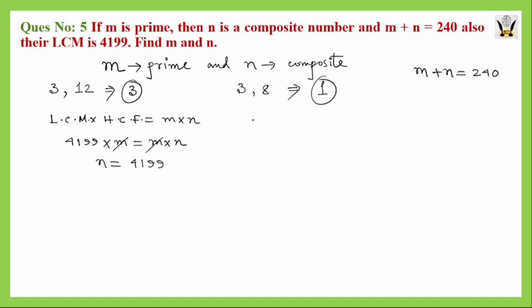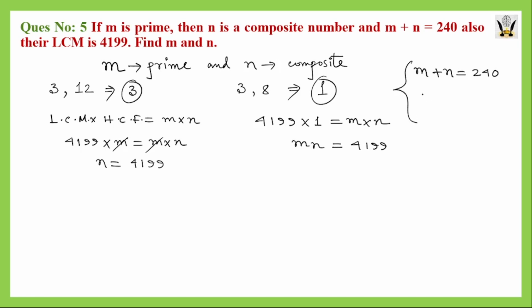Now if we go by the second scenario, where their LCM value is 4199 and their HCF value is 1, that will be equal to their multiplication result. So from here what we can obtain is that the value of mn will be 4199.